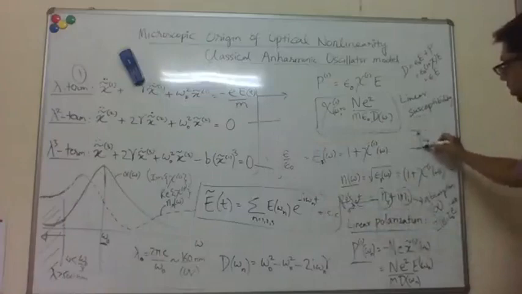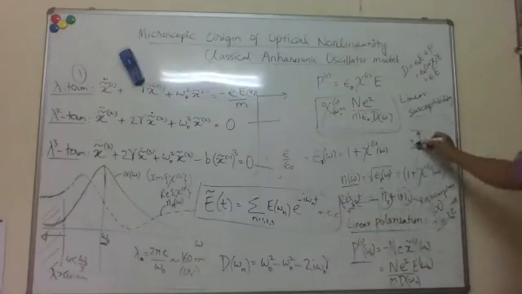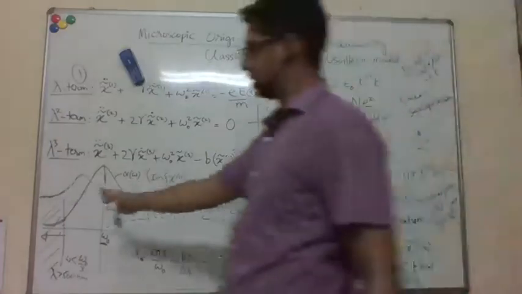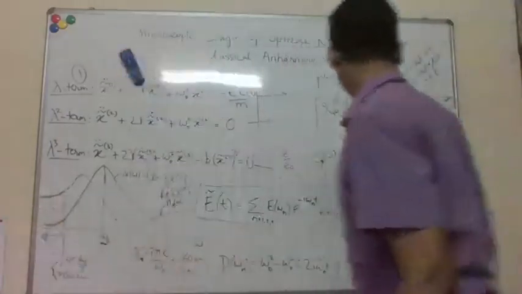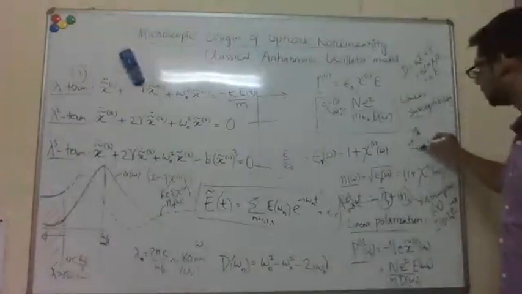As long as you're operating at frequencies which are much smaller than that, the probability of causing any transition is basically negligible, so you don't absorb. Once your omega starts getting close to omega naught, there's a probability that you can excite the atom.